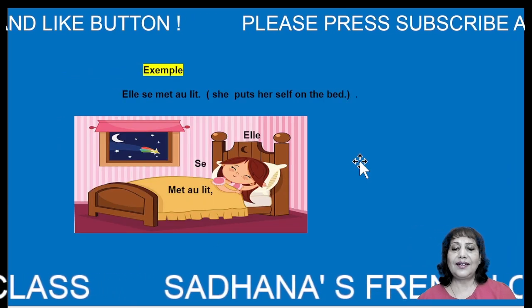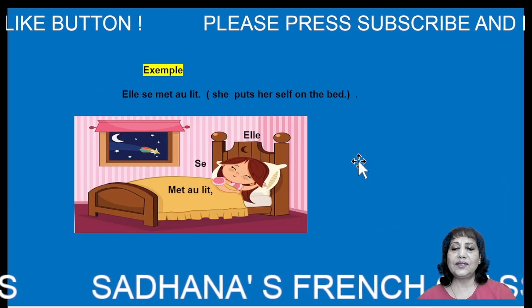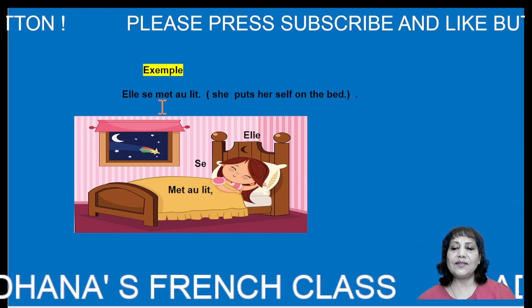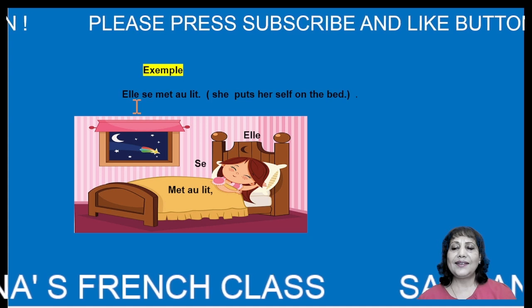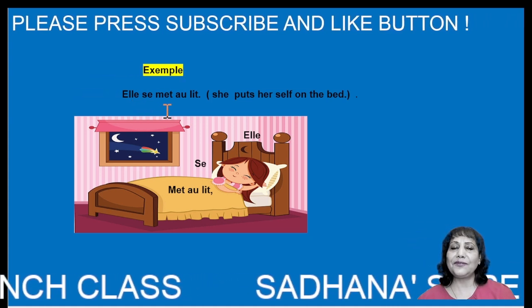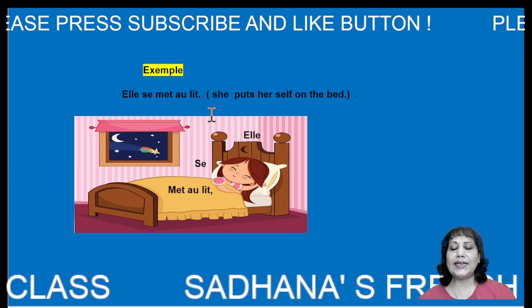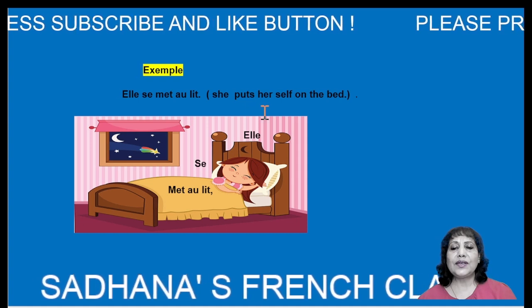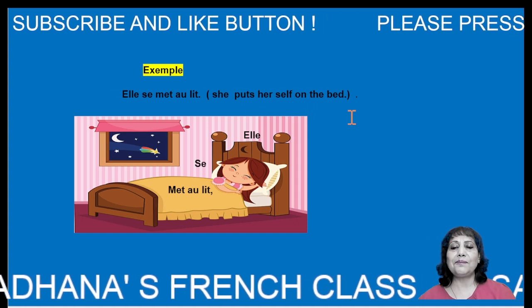Well, another example with the picture. The girl is sleeping, so I have used the verb mettre. Example, elle se met. This is the verb mettre, to put. Au lit. Lit means bed. She puts herself on the bed.